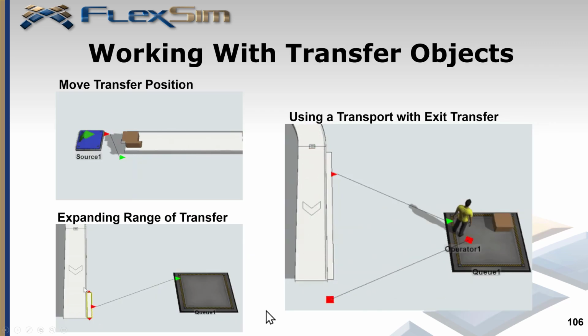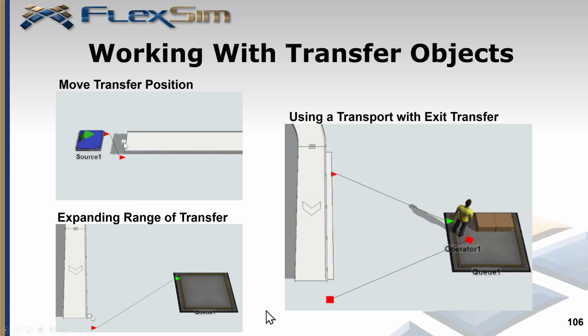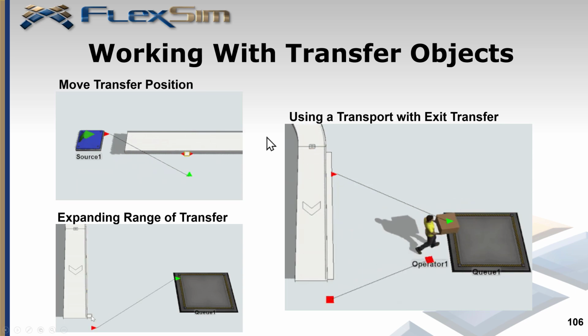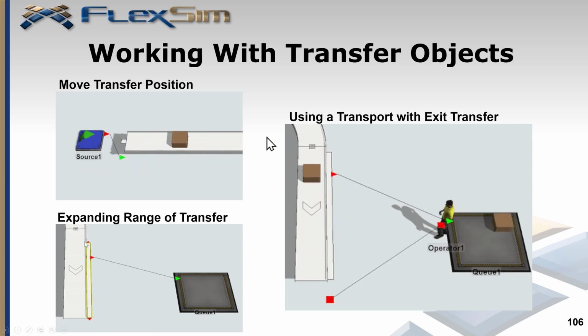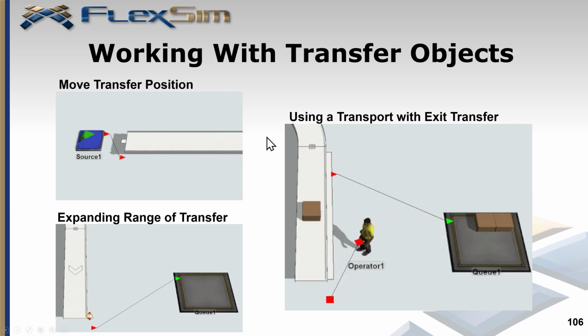So, working with transfer objects. Flow items will enter or exit a conveyor from the place in the conveyor where the entry or exit transfer is positioned.